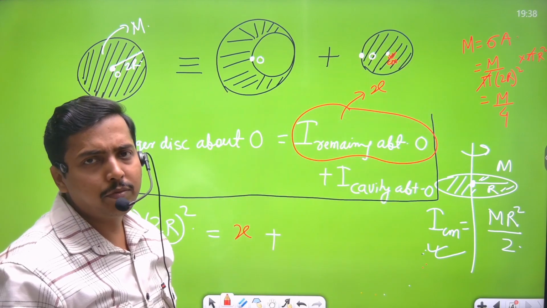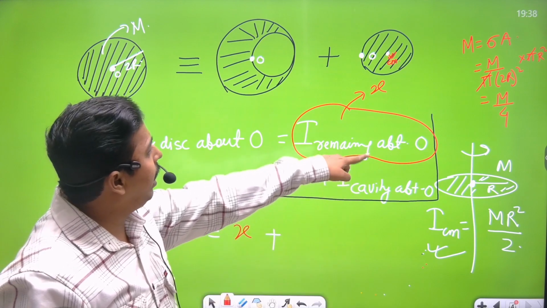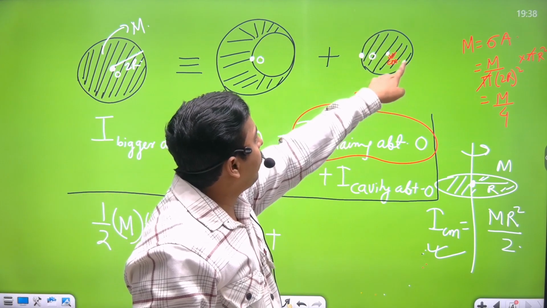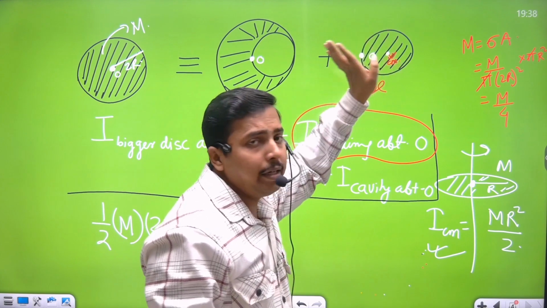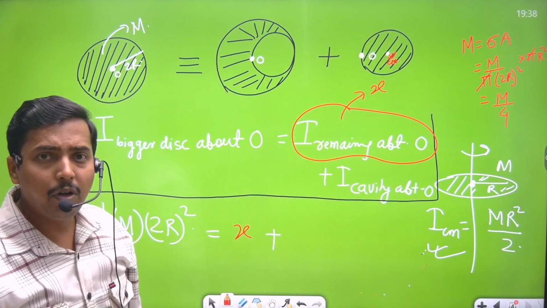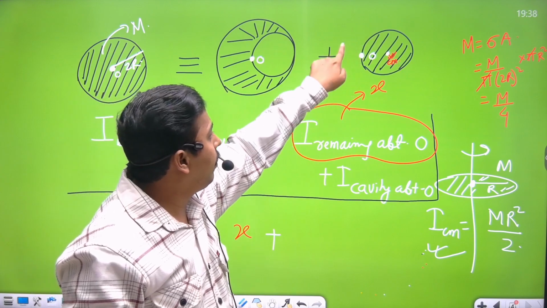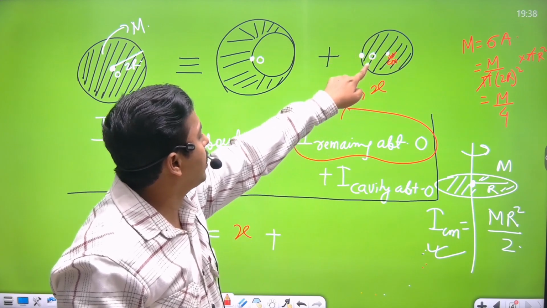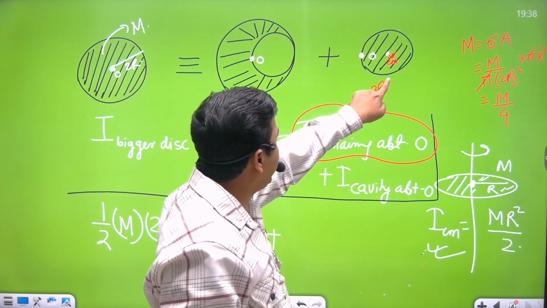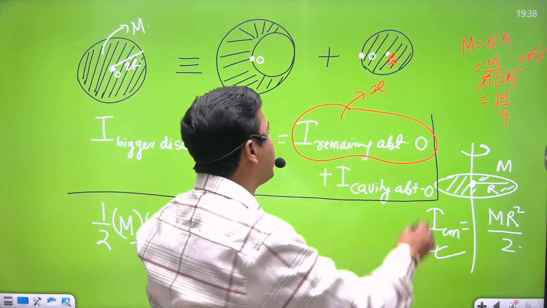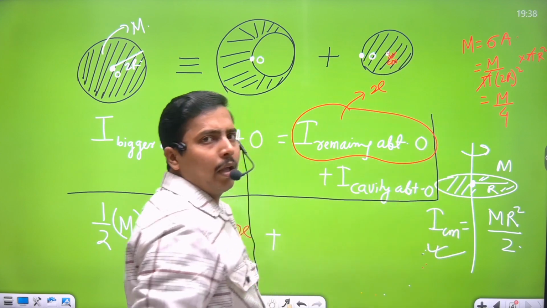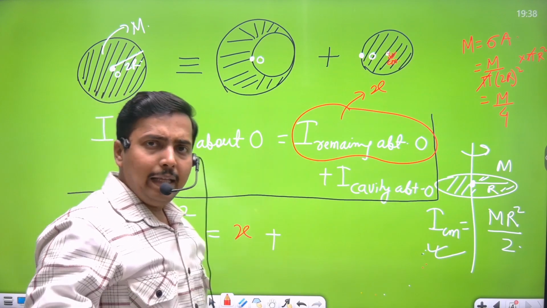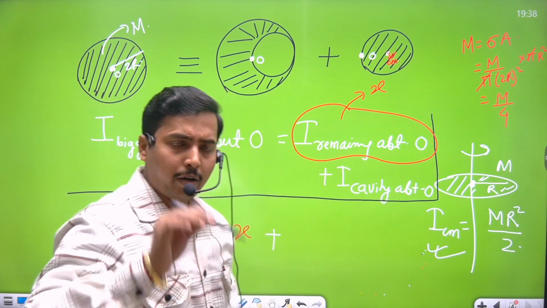So now what you have to do? You have to first calculate the moment of inertia of this smaller disk about its center of mass. Not about O. First calculate the moment of inertia of the smaller disk about its center of mass, let this be the axis. And then apply the parallel axis theorem.